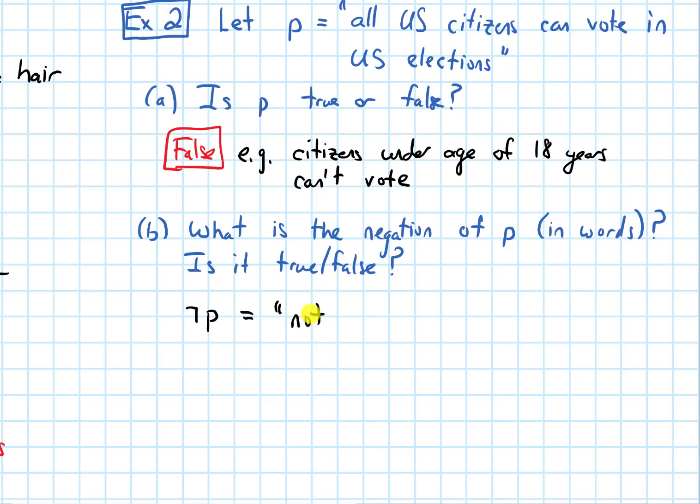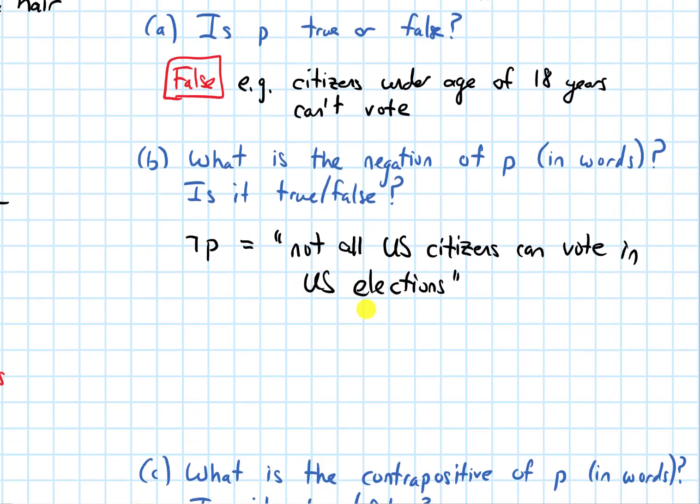So: not all US citizens can vote in US elections. We could definitely leave it like this, but I want to show you one other way that we could rewrite this that's equivalent.